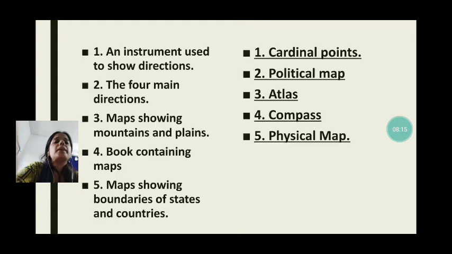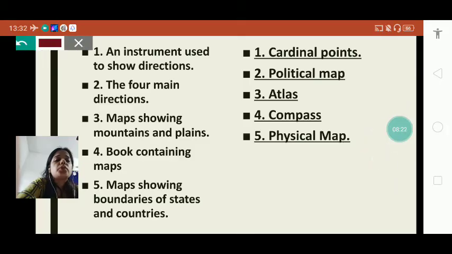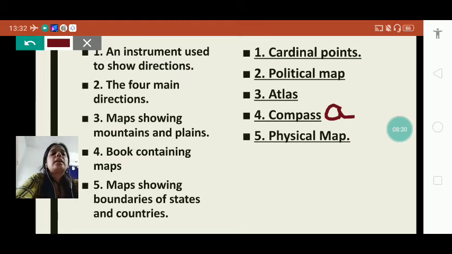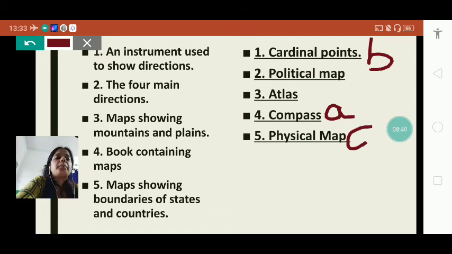Next we can see match the following. The first question is an instrument used to show direction. The answer will be compass. Number 2, the four main directions are cardinal points. Number 3, maps showing mountains and plains are called physical maps.